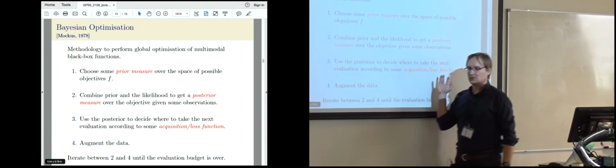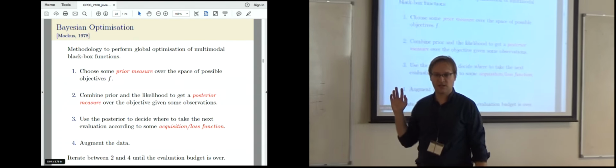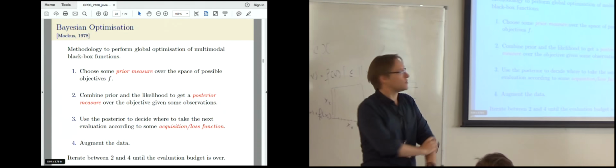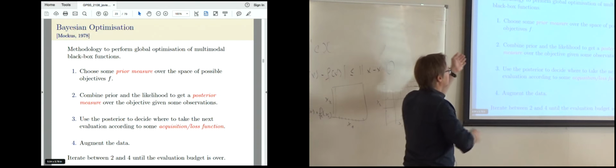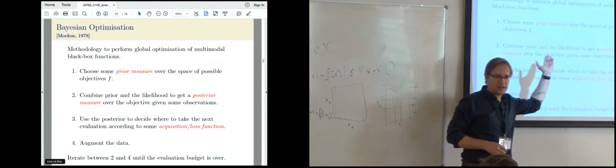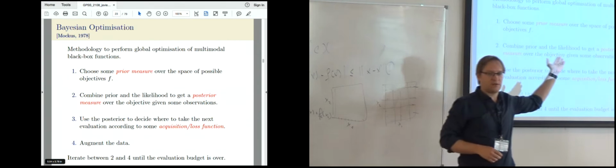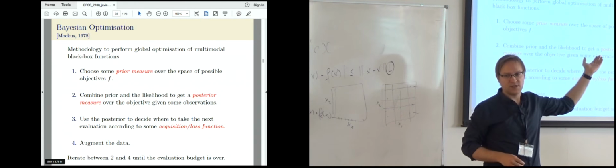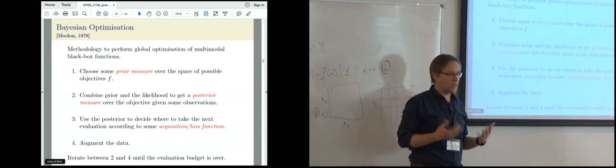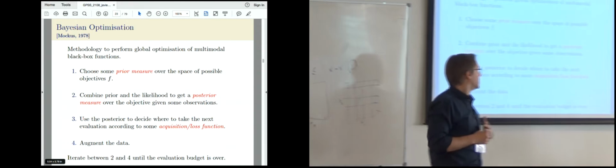And now I go to defining the standard and canonical Bayesian optimization loop, which you already have in mind, given what you know. So you choose some prior measure over the space of all possible objectives, right? So this is what prior you select. You're going to select a Gaussian process by default, but you can use any method that will allow you to do that, right?